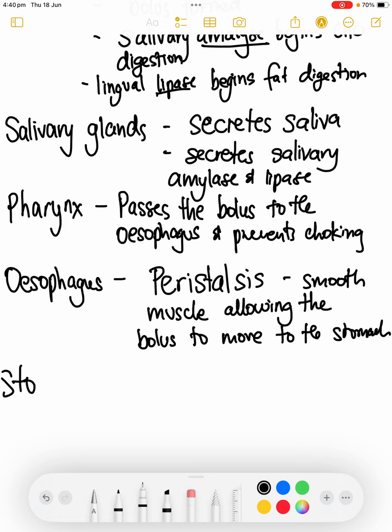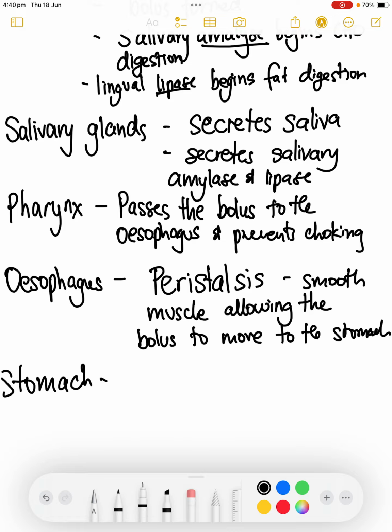The next one is the stomach. With the stomach, you've got circular, longitudinal, and diagonal muscles. So you've got a lot of muscles there that are going to mix and churn the bolus with gastric juices to form chyme.